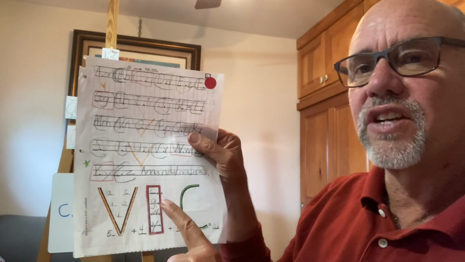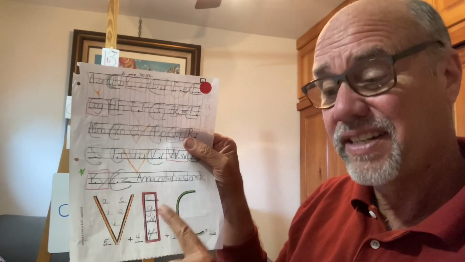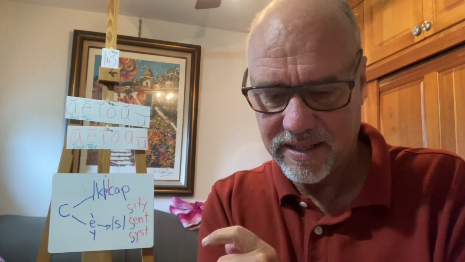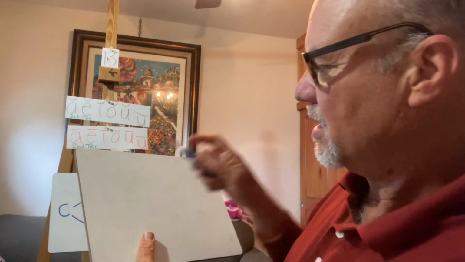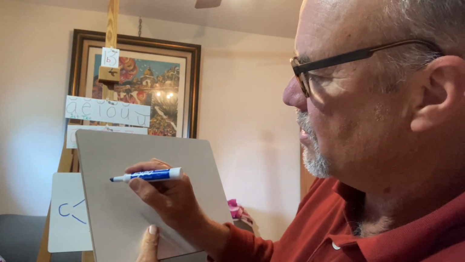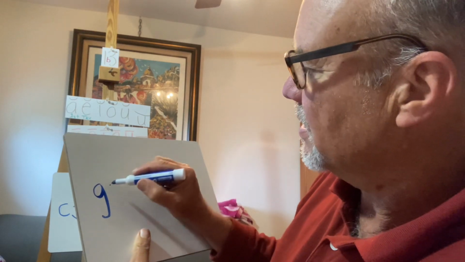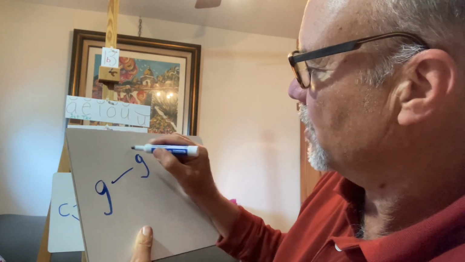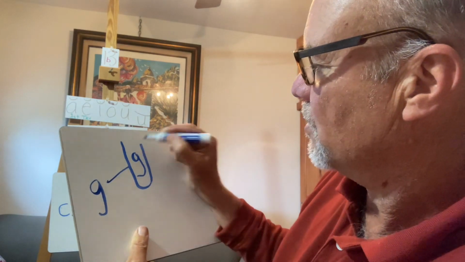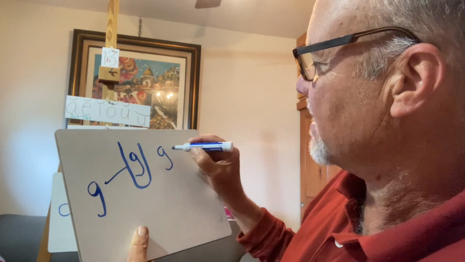Today we're going to focus on G, which is a part-time thief. G has a sound. G uses, so we'll put G and let's put a U around it, uses gas.